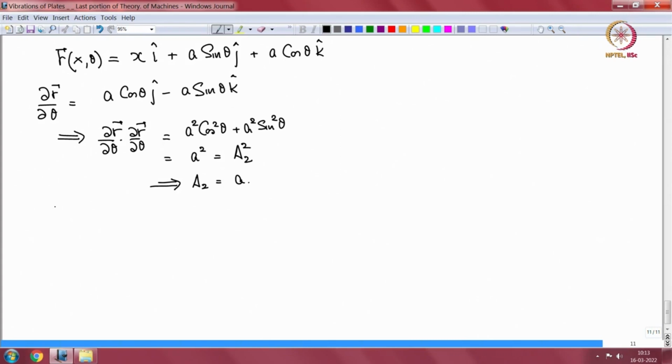So my length element is dx squared plus a squared d theta squared. Here is A1 squared, and this is A2 squared.